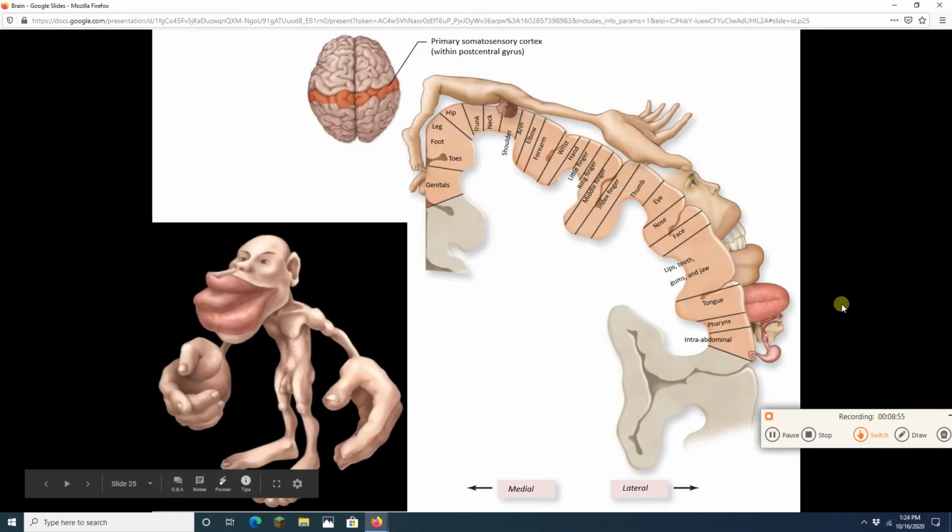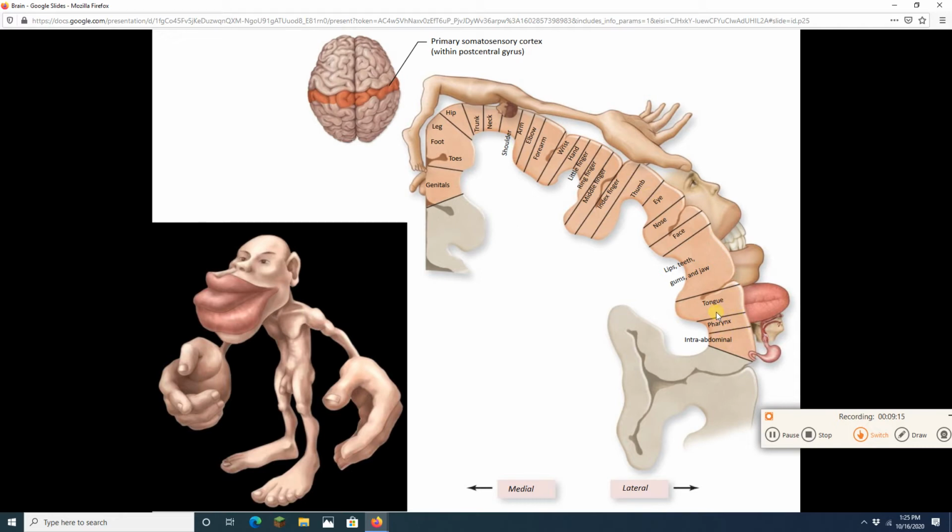If we look, we can see a similar arrangement to what we had within the precentral gyrus. Again, we have body parts that get brain space devoted to them.